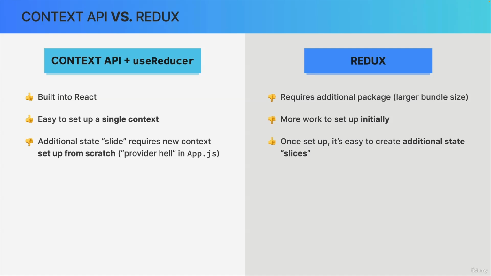Now, when it comes to async operations like fetching data, the Context API has no built-in mechanism for that, as we have experienced ourselves in the WorldWise application. Redux, on the other hand, has support for middleware. And while middleware is not necessarily easy to use, it does give us a way to handle asynchronous tasks right inside the state management tool.